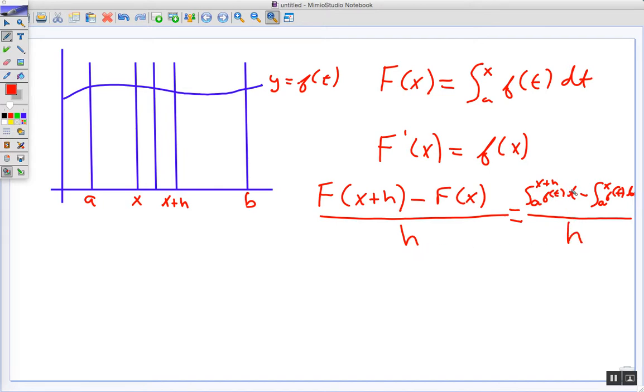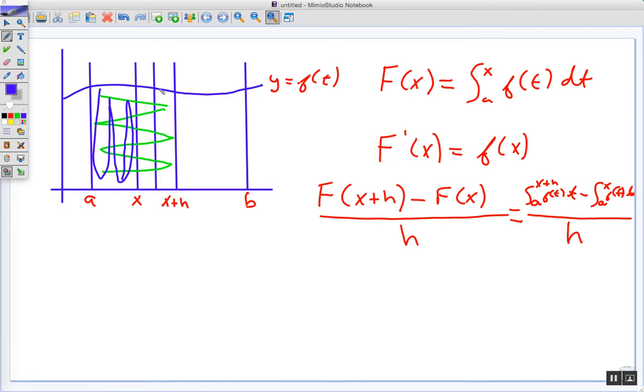So let's look at what that's really indicating here. We are taking this area from a to x plus h, and we are subtracting the area from a to x. So we are subtracting this area from that.